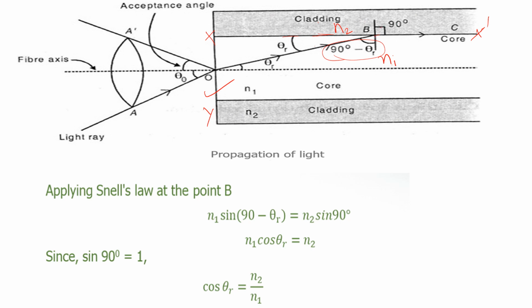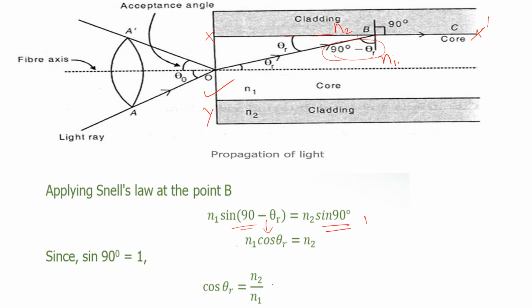Therefore n1 sin of 90 minus theta r is equal to, as given here, n2 sin 90 degree. Sin 90 is 1. Therefore n1 sin of 90 minus theta r is taken as cos theta r, which is equal to n2. Therefore cos theta r is equal to n2 divided by n1.